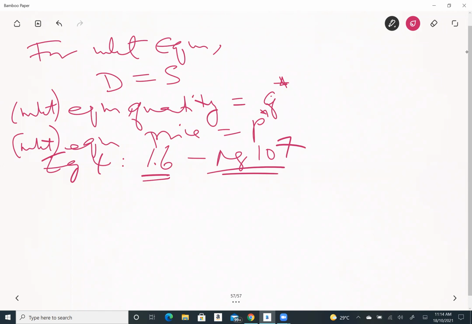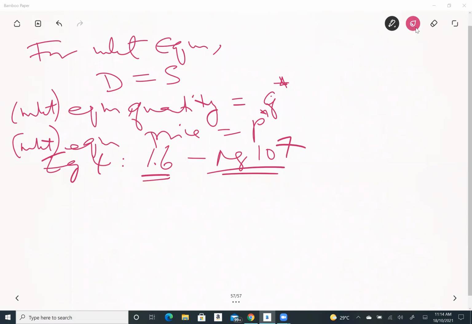Kita lihat dapat equilibrium tu. How do you get that equilibrium? What is the method to get that equilibrium?